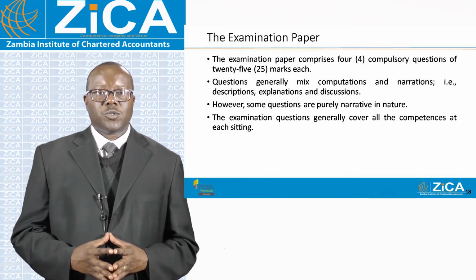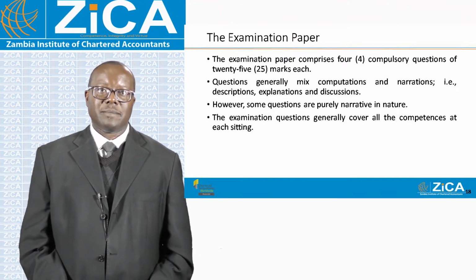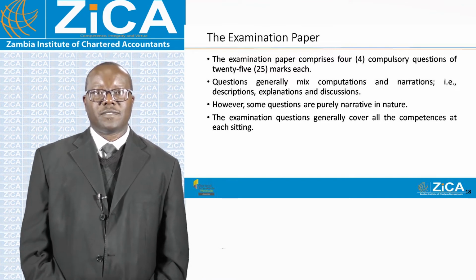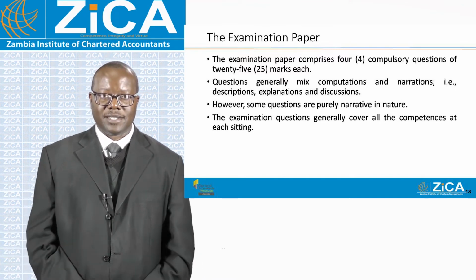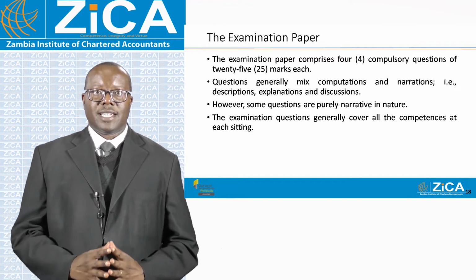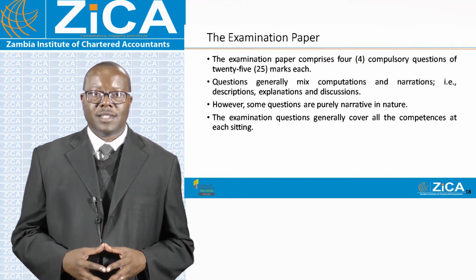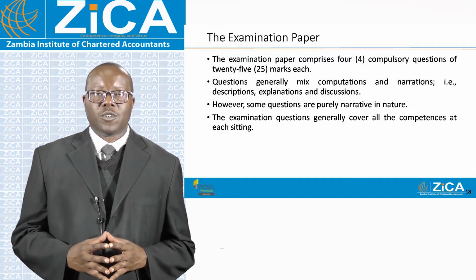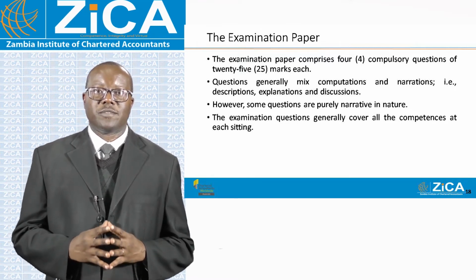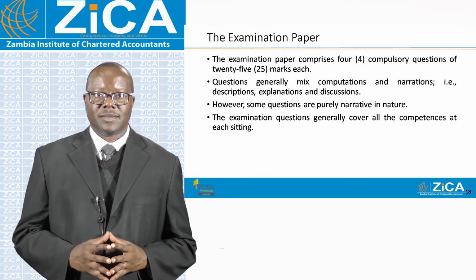We move on now to discussing the examination paper for D5 International Taxation. The examination paper for paper D5 comprises 4 compulsory questions of 25 marks each.